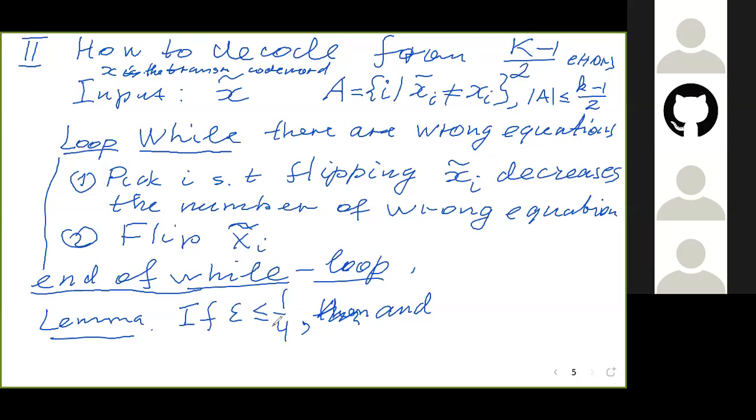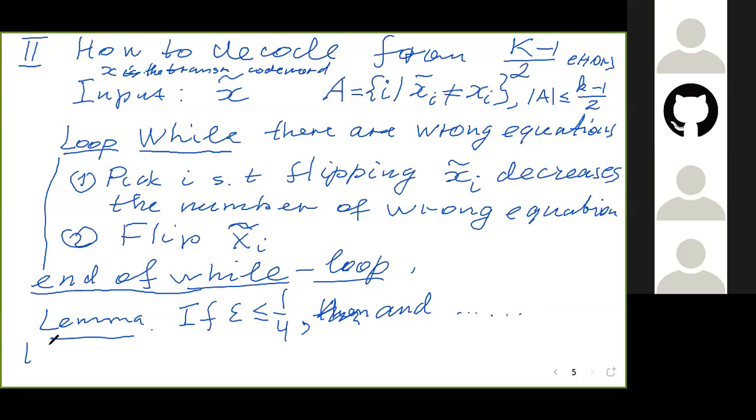So if epsilon is at most 1/4, okay, let's write it later. What are the requirements about A or whatever we need?